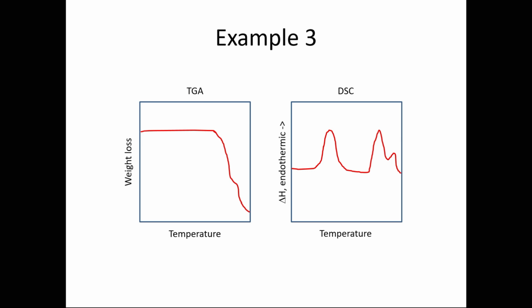What it could be related to is melting of this compound. We can't see melting on TGA because melting is not associated with weight loss, but we can see melting on DSC.